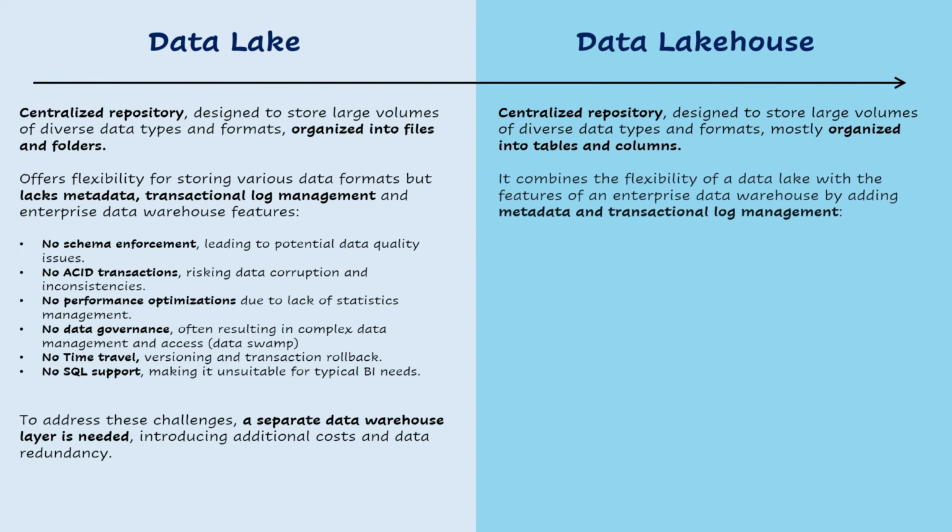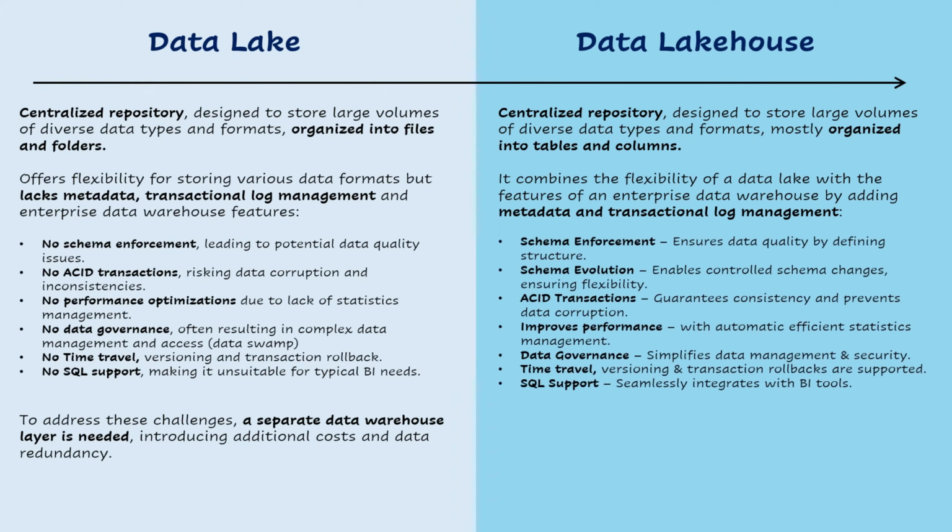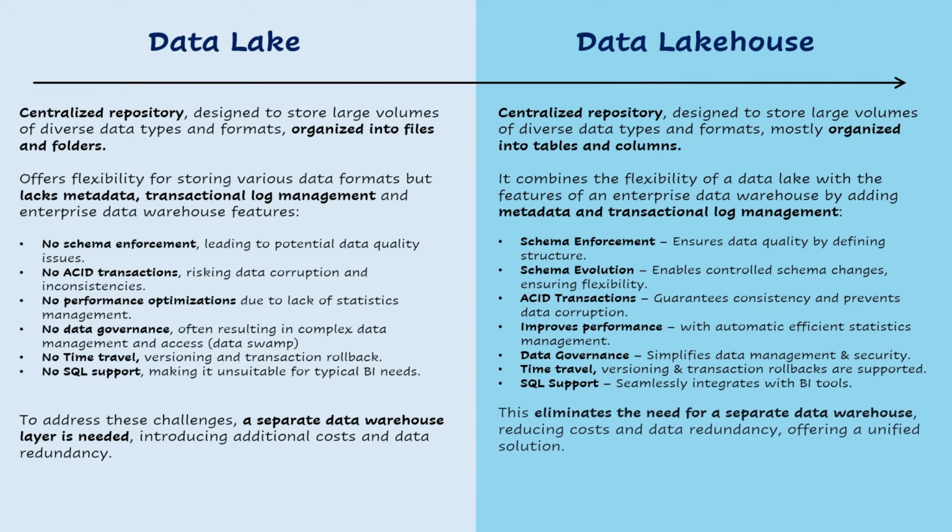Data Lakehouse combines the flexibility of a data lake with the features of an enterprise data warehouse by adding metadata and transactional log management, enabling support for features that were previously unavailable in a data lake. As a result, this eliminates the need for a separate data warehouse, reducing costs and data redundancy, while offering a unified solution.